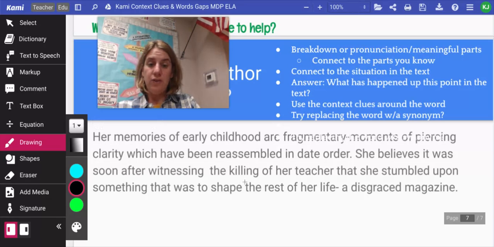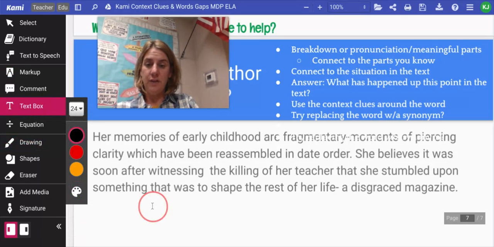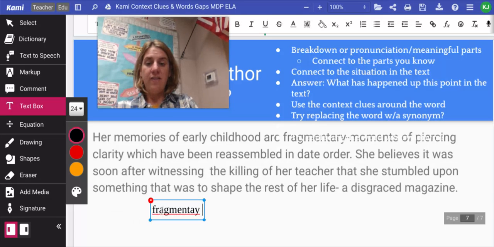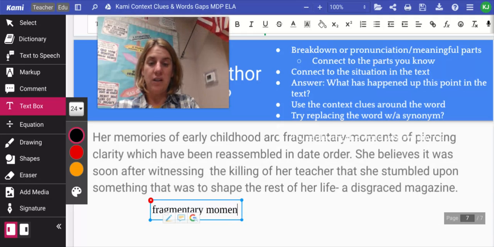So, what I'm going to do is jump in and note some of the words that are already giving me some problems. Hopefully, they're the same for you. So, this word here, I can tell that it is an adjective because the word moment comes after it, and I know it's describing that.